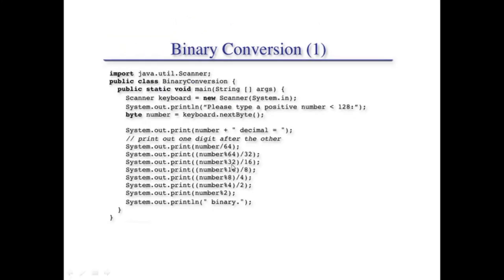And we'll repeat the thing: we'll find the modulo, and then we'll divide it by 16, then 8, then 4, and 2. So this is the method of generating a binary number out of a decimal number.